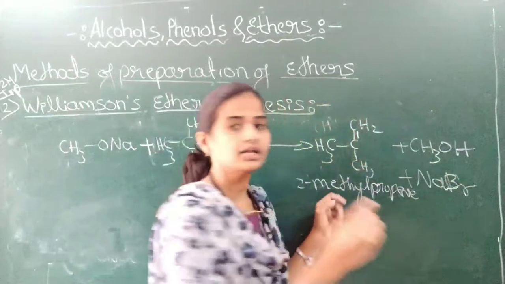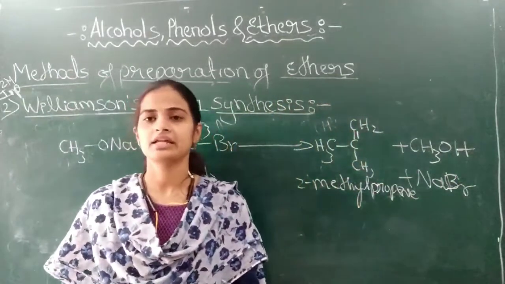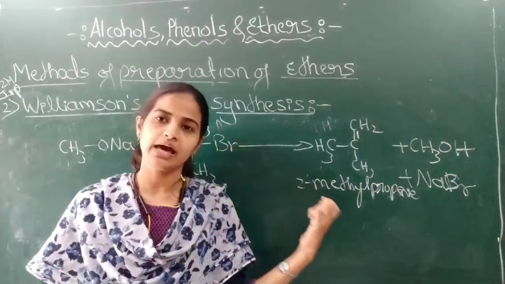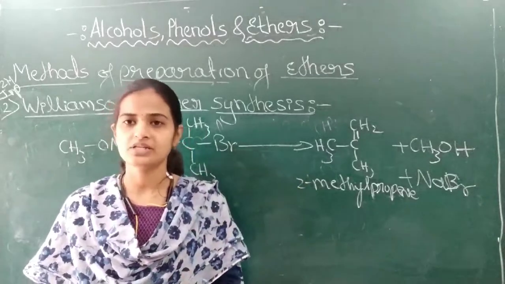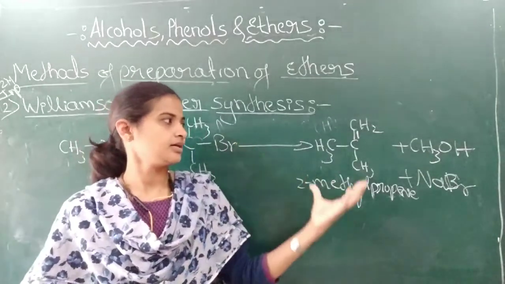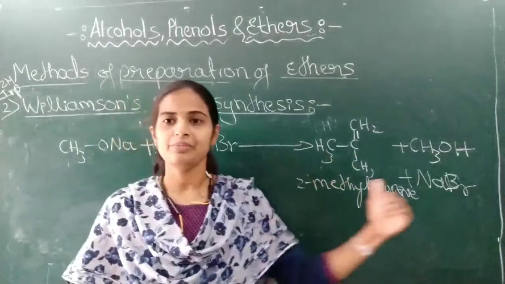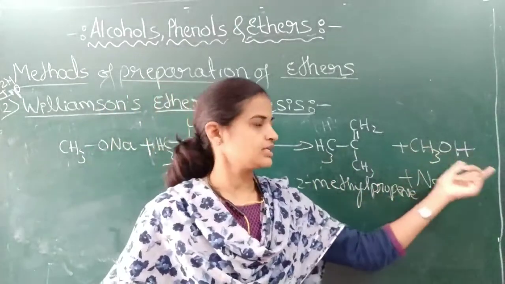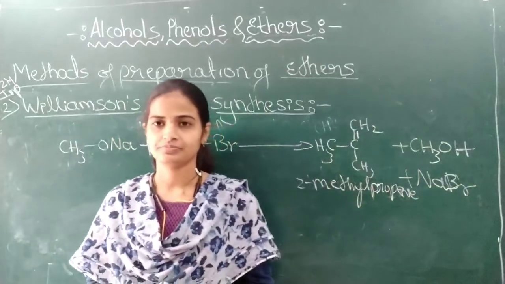So what happened here? We did not get the ether here. Instead of forming the ether, it has formed the alkene. Instead of undergoing the substitution reaction by following the SN2 way, it has undergone the elimination reaction. CH3OH got eliminated.